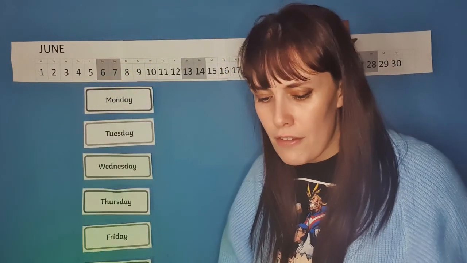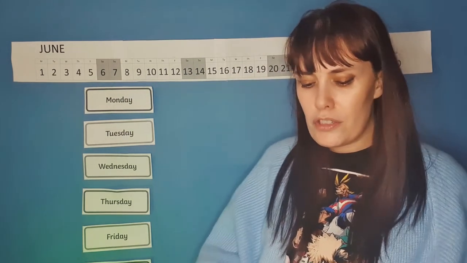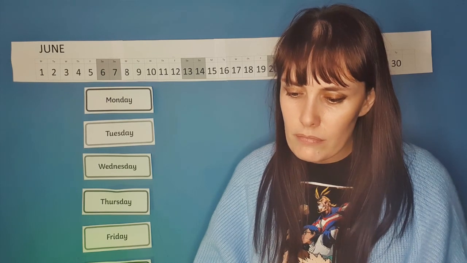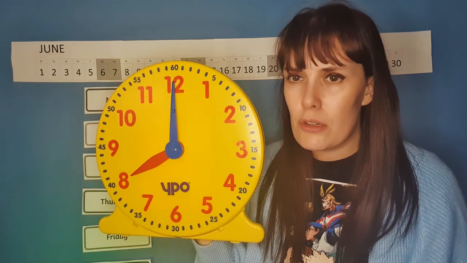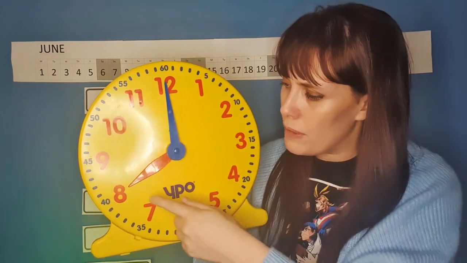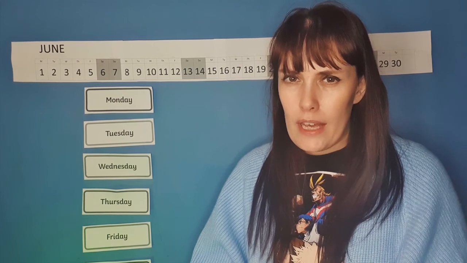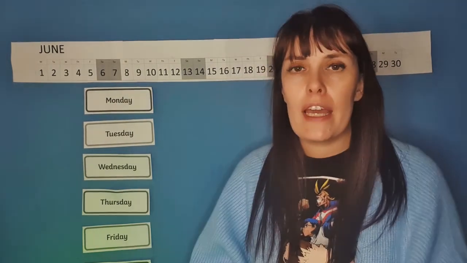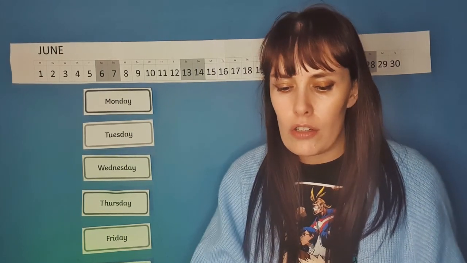Okay, if you have got a clock in front of you, this one's for you, I want you to put it to 8 o'clock. So your hour hand, your little one, should be on the 8, and your minute hand should be at the top. So it'll be 8 o'clock. Okay, if you need to pause the video, mums and dads, you can, just so that they have the 8 o'clock on their clock.